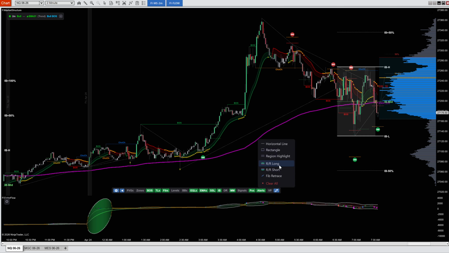So let's take that trade, right? So let's say we take a long, right? Let's say we put it right there. And our stop, let's say the stop is the IB low. So we're risking quite a bit here, actually. But let's say we tighten up the stop, right? Let's say we even risk less than that, right here. So you take that trade and just target the IB high or the value area high, right?